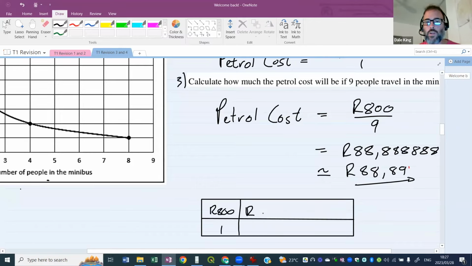If we have 400 Rand, that's for 2 people. And there's another value here, 200 Rand is for 4 people. Okay, so these are the values that we're getting off the graph. So we need to try and figure out what is happening to the rands there at the top based on what we see at the bottom here.